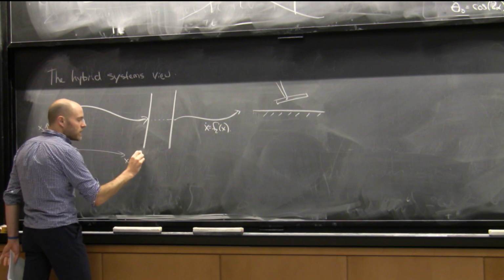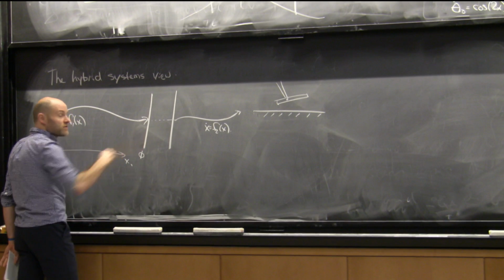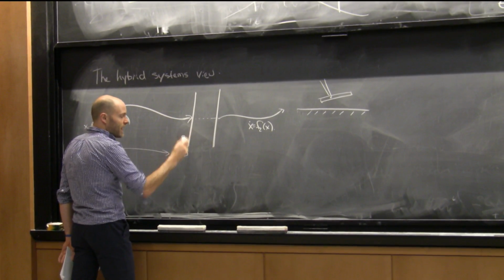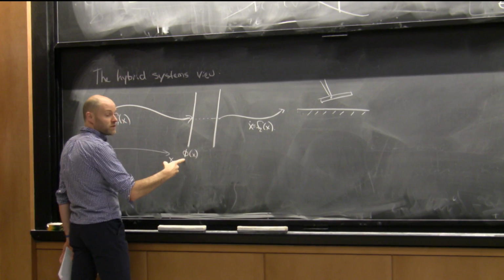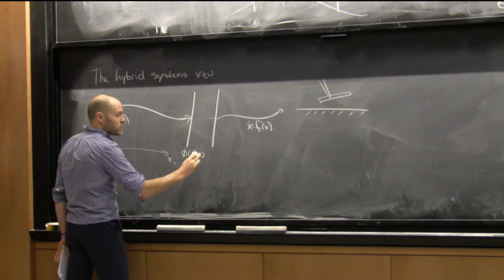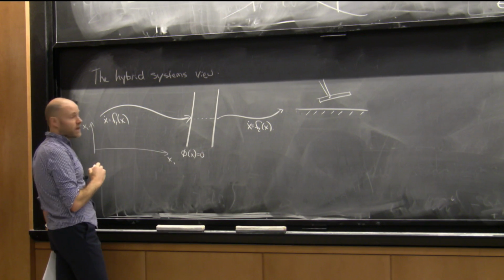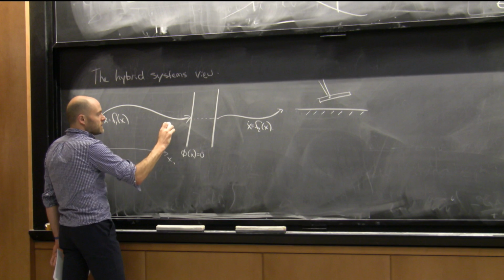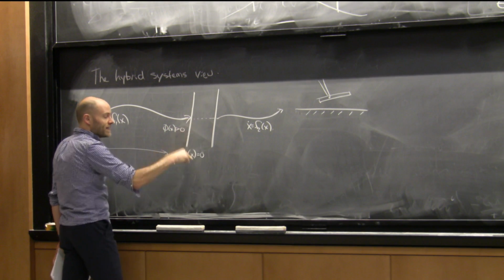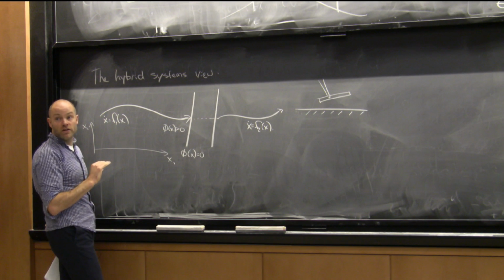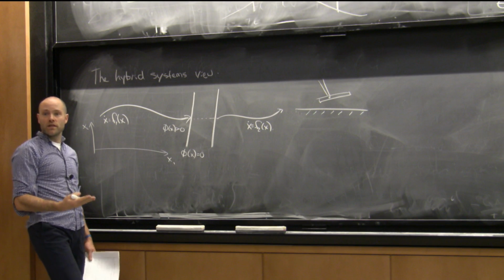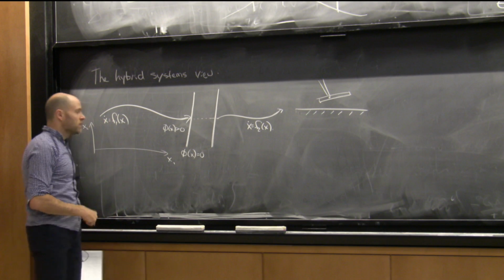Oftentimes, we use the notation that this set of configurations where the system collides is defined implicitly by a function, the zero set of a function. Typically I'd want phi of x greater than 0 over here, and then when it hits 0, I've got a collision. So the standard choice for that would be, for instance, the distance function to the collision, or the signed distance function.